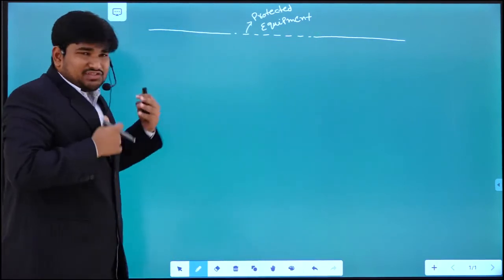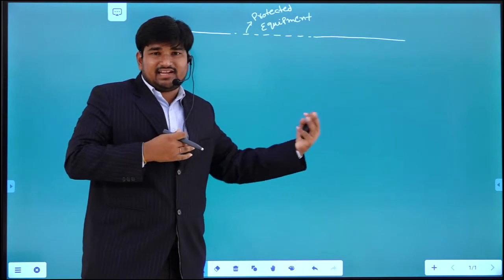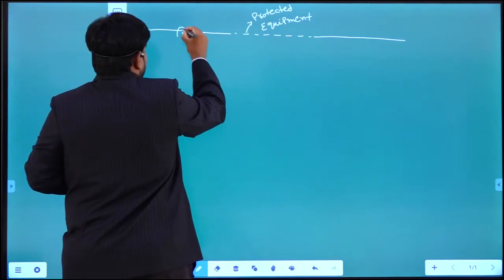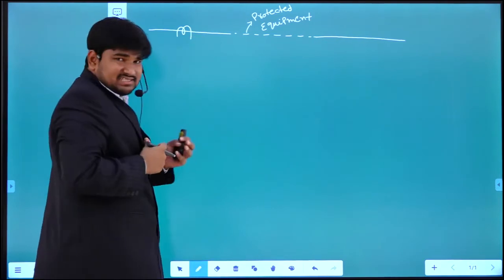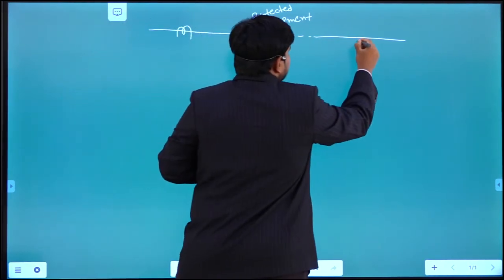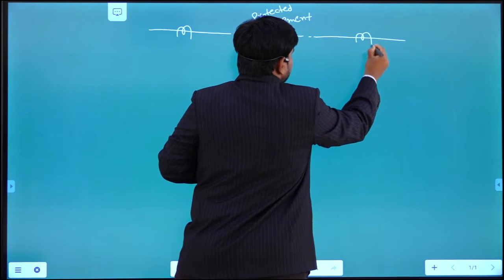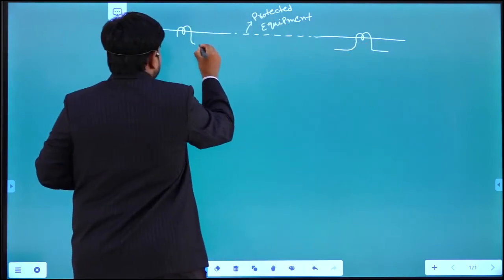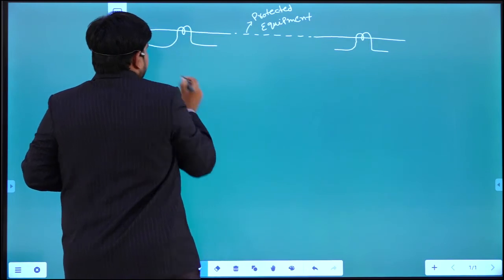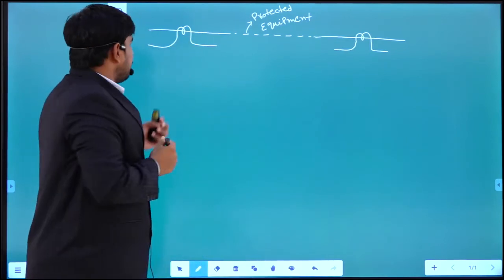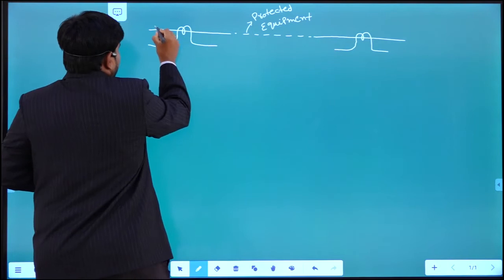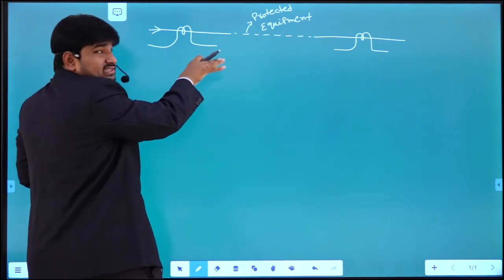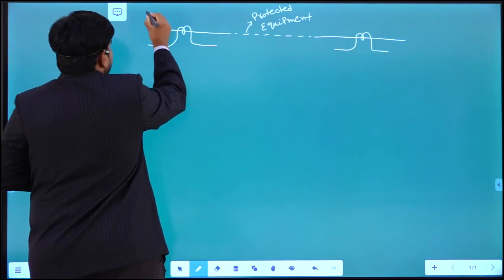As we are discussing the current differential relay, we need to place CTs, that is current transformers, to sense either side of this protected equipment. For example, the current passing at the input side, I am taking this as input for the time being.